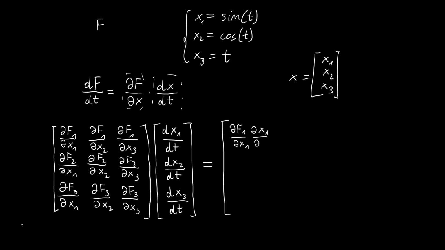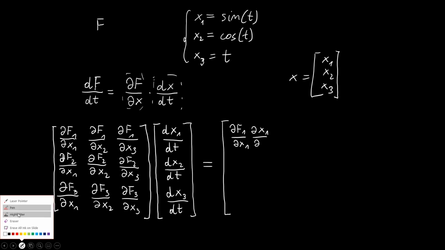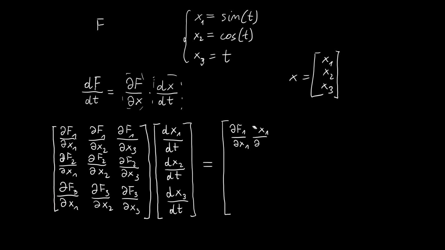There's only one variable here, so we multiply this by this, now this by this. We are in the first row, so we are taking first row from the first matrix, first column from the second.